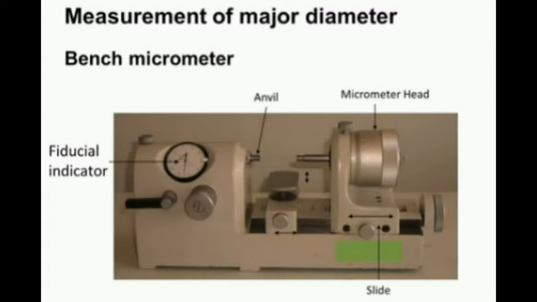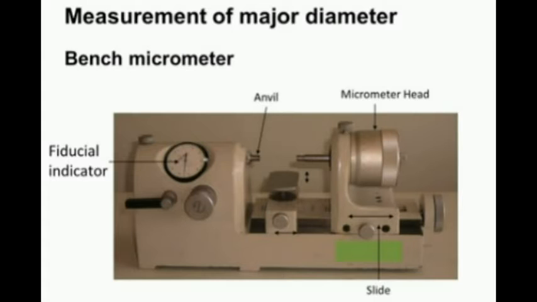The slidable body houses the micrometer head. A large diameter micrometer is fitted, and an anvil is also there. When we rotate the thimble, the anvil moves in or out, and then we have a table to accommodate workpieces of different sizes.